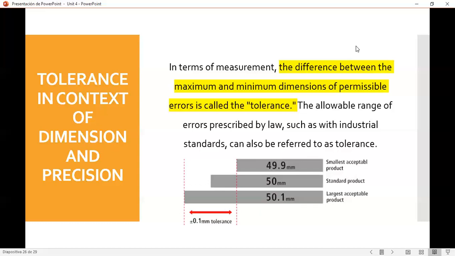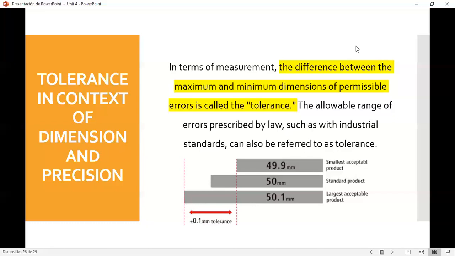The allowable range of errors prescribed by law, such as with industrial standards, can also be referred to as tolerance. The main idea is the one highlighted in yellow: the difference between the maximum and minimum dimensions of permissible errors is called tolerance.